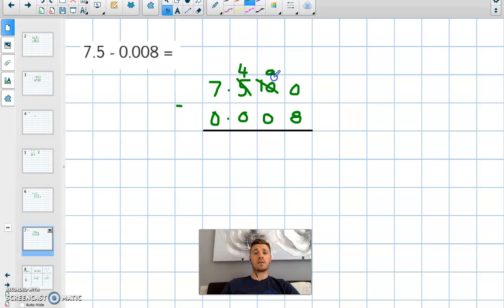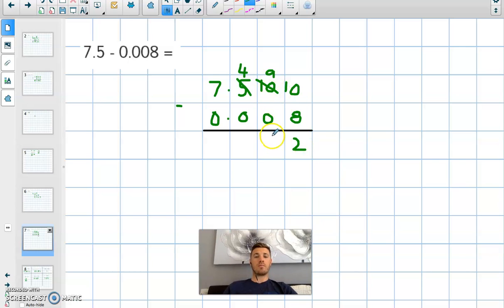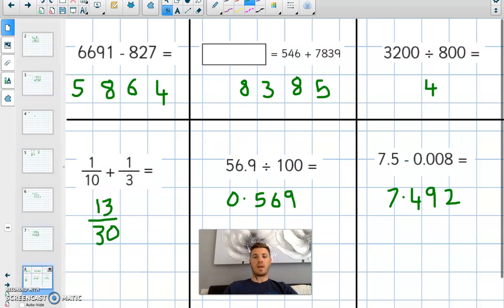That becomes a 9, this number here becomes a 10, so 10 take away 8 is 2. 9 take away 0 is 9, and 4 take away 0 is 4. And then we've got 7 take away 0, which is 7. So 7.492 is your answer.